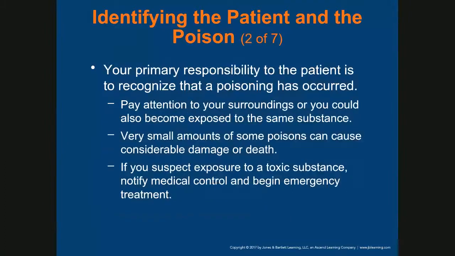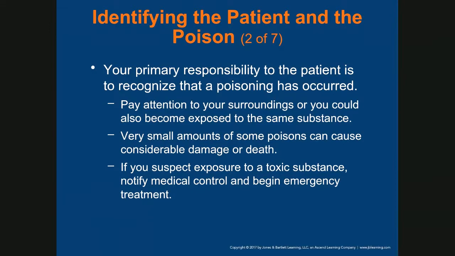All right? Identifying the patient and the poison. Your primary responsibility to the patient is to recognize that a poisoning has occurred. Pay attention to your surroundings, or you could also become exposed to the same substance, right? So pay close attention to the surroundings.